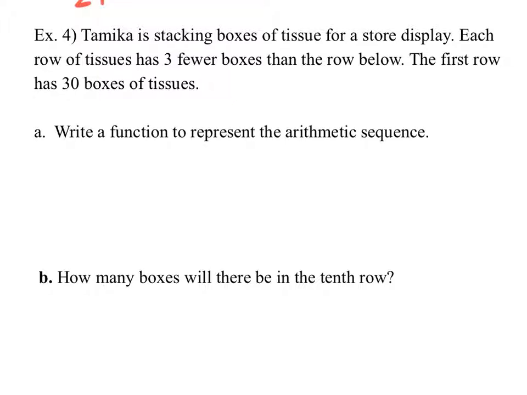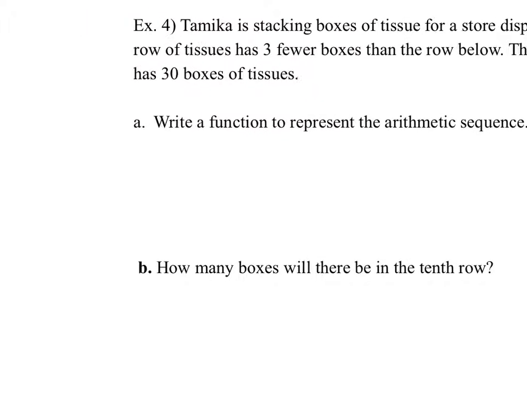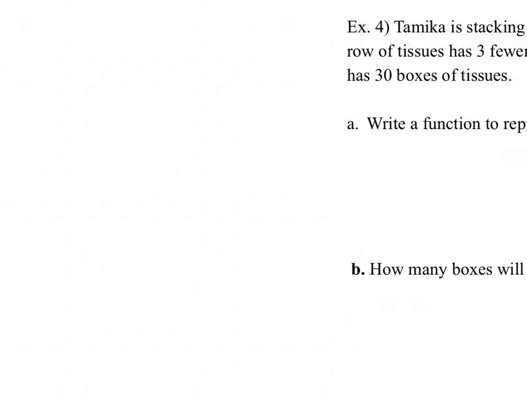Now, you guys don't have to copy this down. This is on video. Tamika is stacking boxes of tissue for a store display. Each row of tissues has 3 fewer boxes than the row below. The first row has 30 boxes of tissue. So imagine that, guys. Row number 1 has 30 boxes.